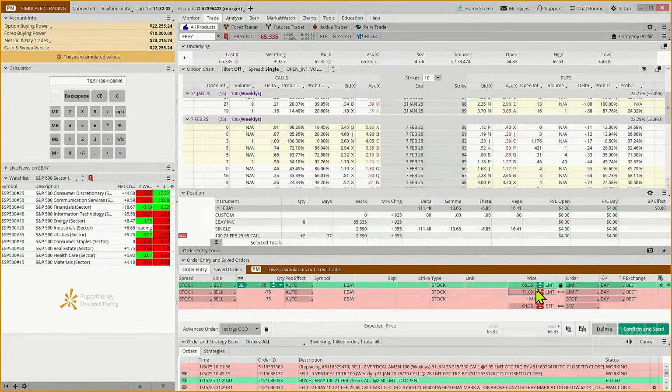You might want to make it like 70.89, because often it'll get really close to a round number. And then our stop is going to be at 62.27. And we're going to make both of these good till canceled.